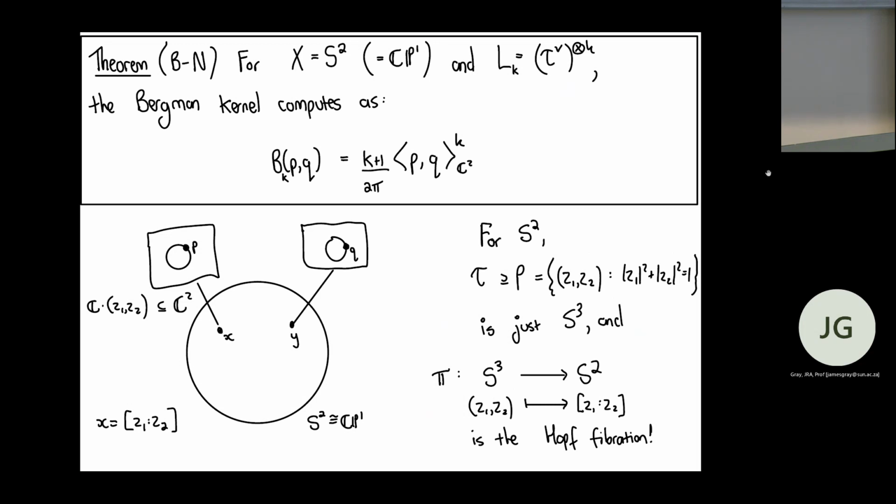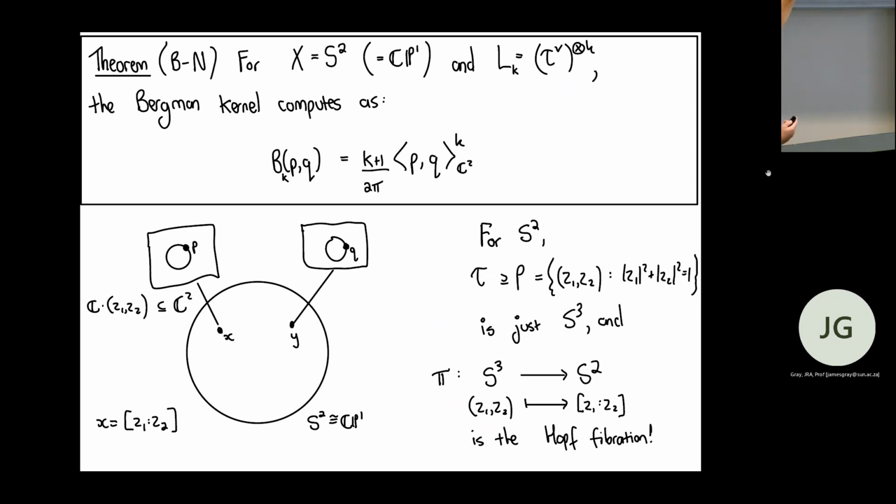Okay, so what I want to calculate here, this is a theorem with myself and Nzaganya, PhD students. Just a first calculation we did was to compute this Bergman kernel for the tautological line bundle over CP1. It has been computed before, but we are expressing it in a neater way, namely, remember P and Q are points in S³, so it'd be nice to calculate what the Bergman kernel does when I think of P and Q as living in S³.